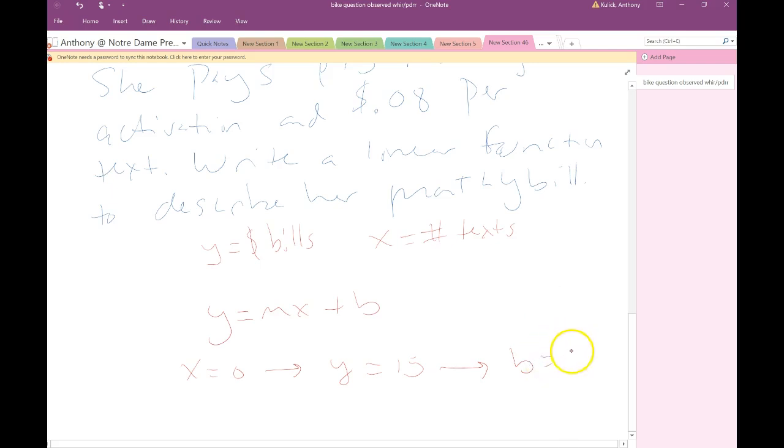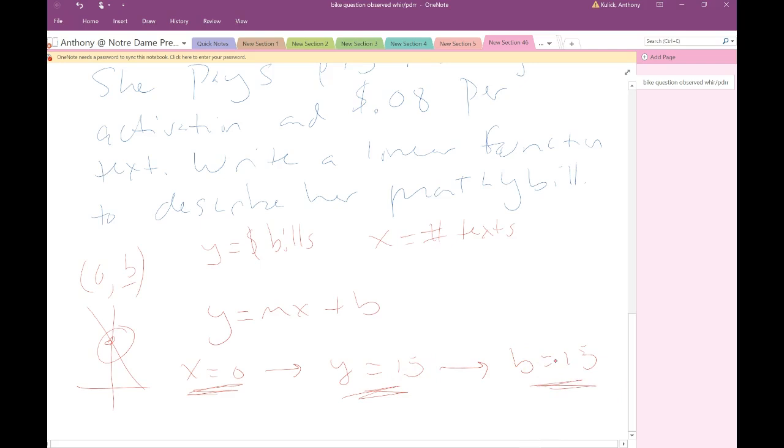What is b? It's the y-intercept. It's where the x-coordinate is 0. So here we found where the x-coordinate is 0, we found the y-coordinate. So we know that the y-intercept is 15.